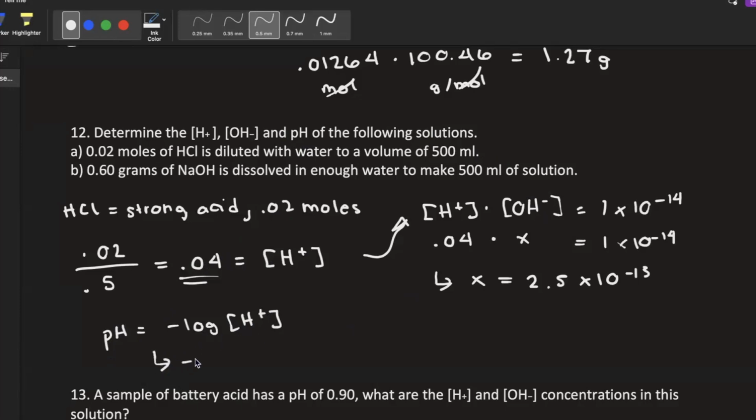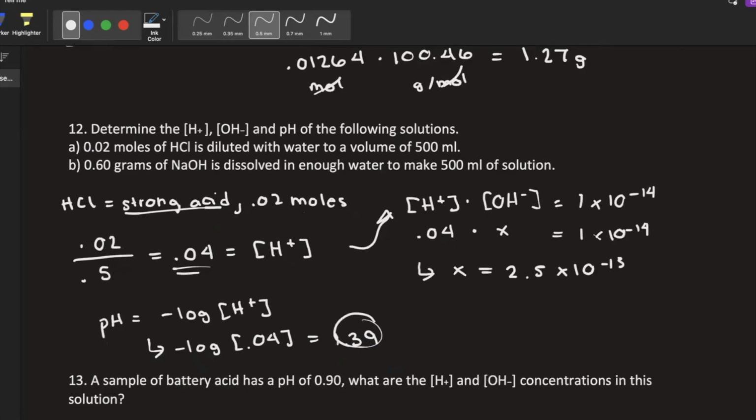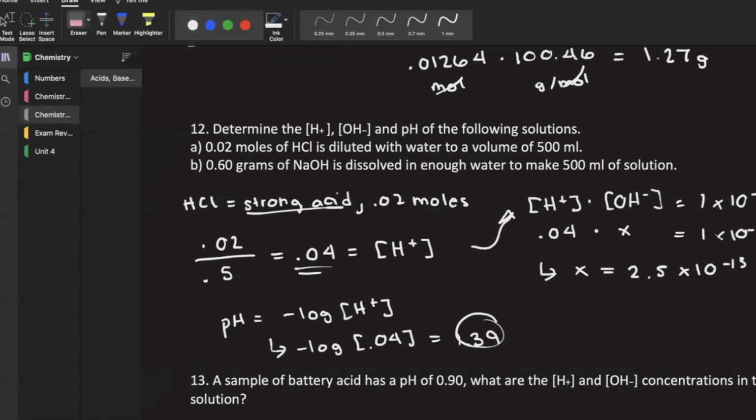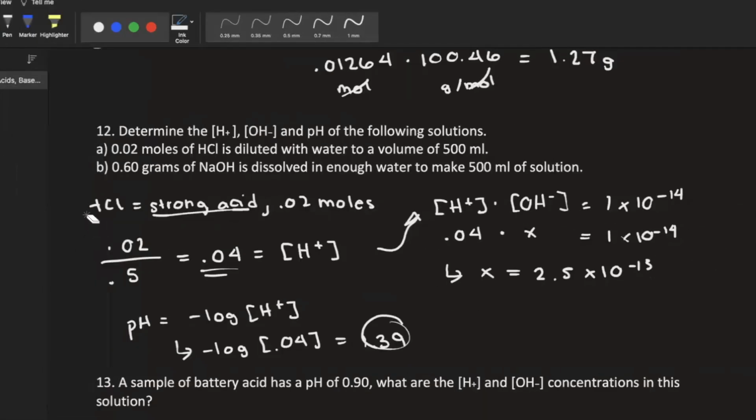So negative log of 0.04 is equal to 1.39, which checks out because HCl is a strong acid. So we would expect the number to be very low. Let me clear all that up so we can do the other one.